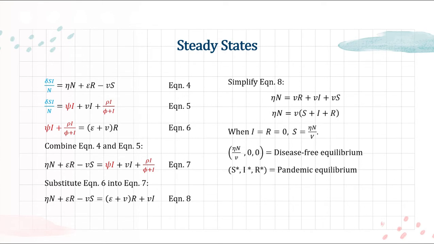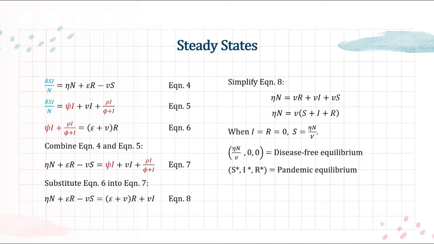When I equals R equals 0, we have S equal to eta multiplied by N divided by v as our disease-free equilibrium. And it is the desired state that would be key in planning any control measures. From epidemiological viewpoints, this disease-free steady state depicts the eradication of the disease and prevention of the spread of the infection.